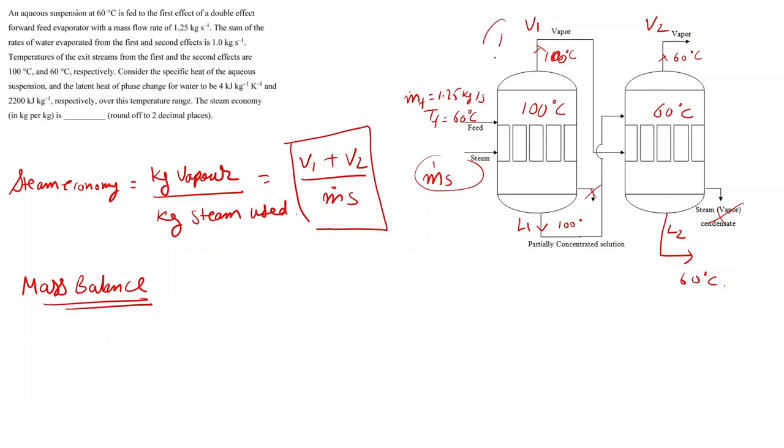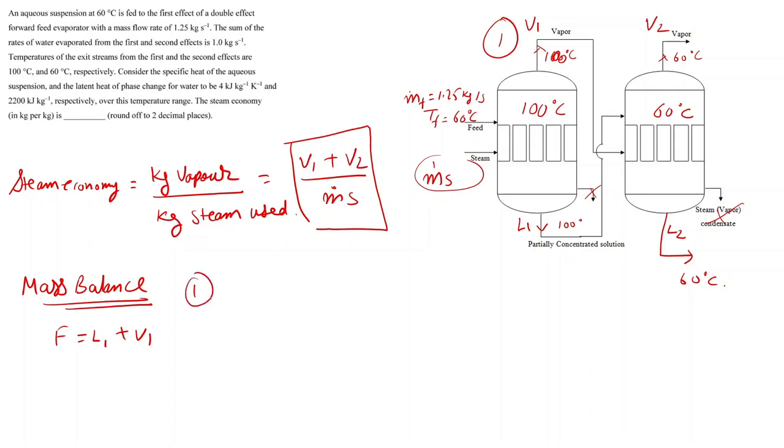For the first evaporator, the feed is equal to vapor plus L1, so we can write F is equal to L1 plus V1.